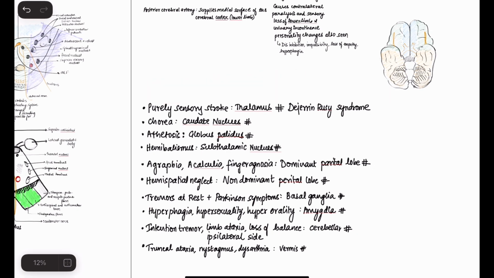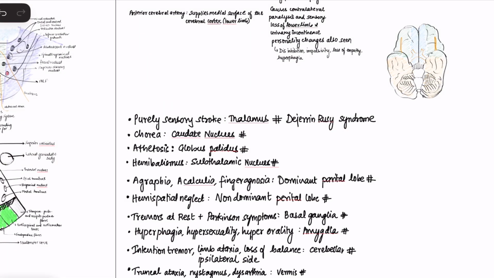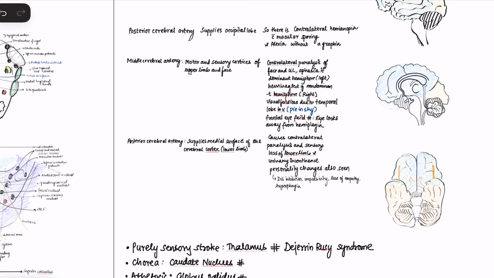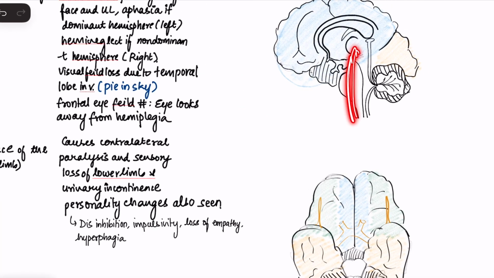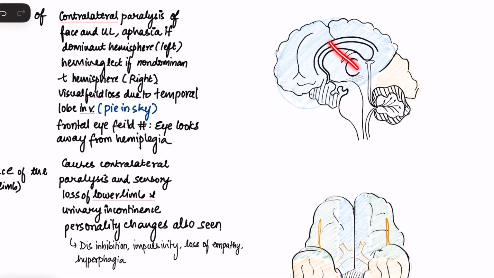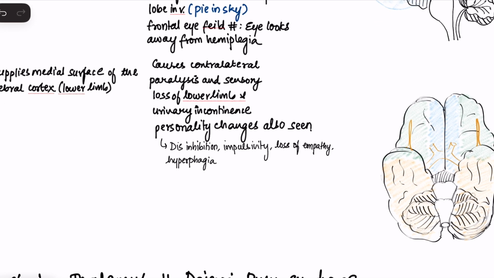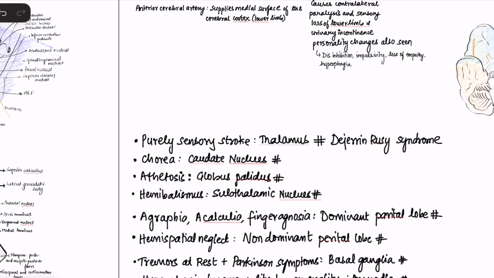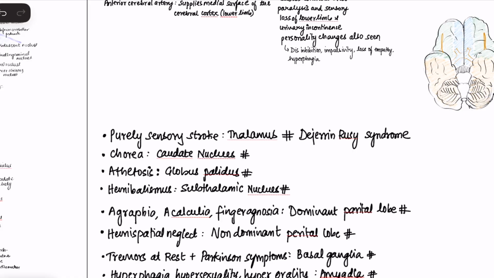So if the stroke is a purely sensory stroke, think of it as thalamus damage, as in Dejerine-Roussy syndrome. We can think of a purely sensory stroke being the thalamus because the thalamus per se is the relay center of all the sensory neurons; they first come and relay in the thalamus and then go to further parts of the brain wherever required. So damage to the thalamus, especially without any of the cortical signs, will be Dejerine-Roussy syndrome.